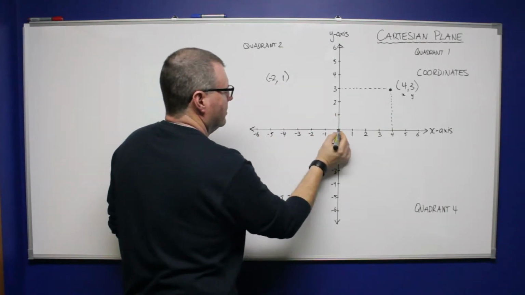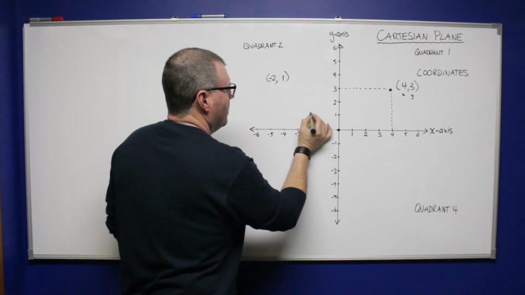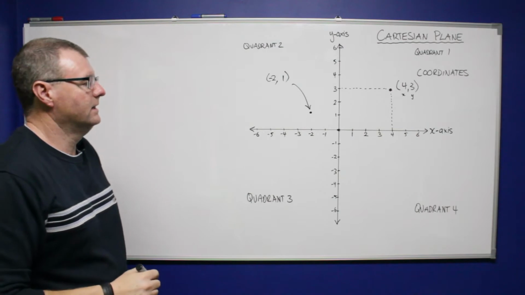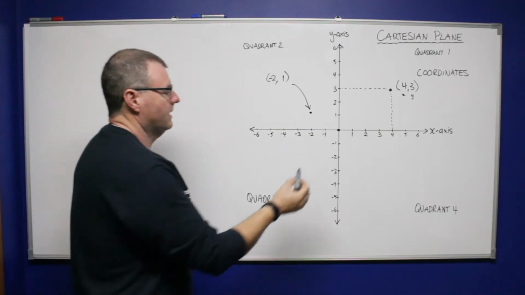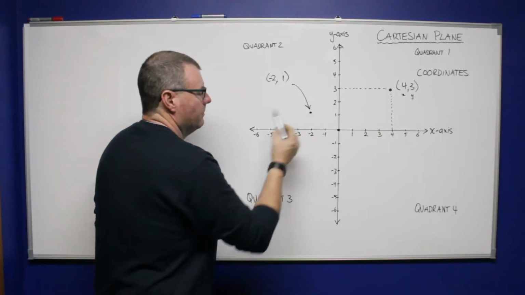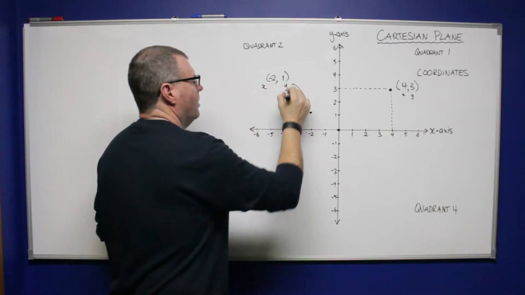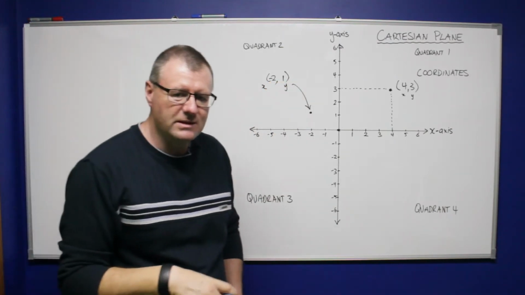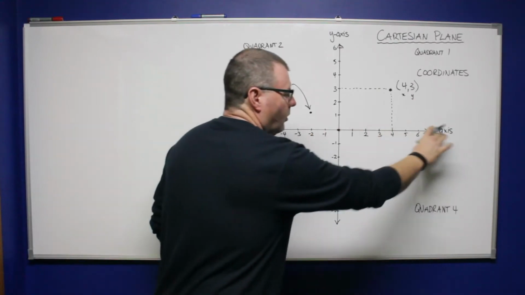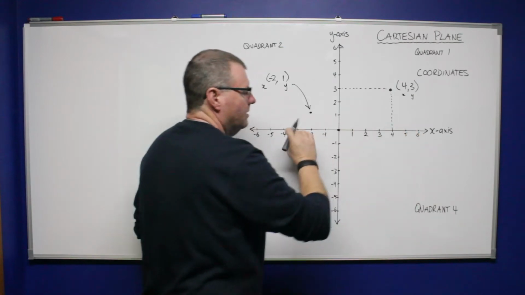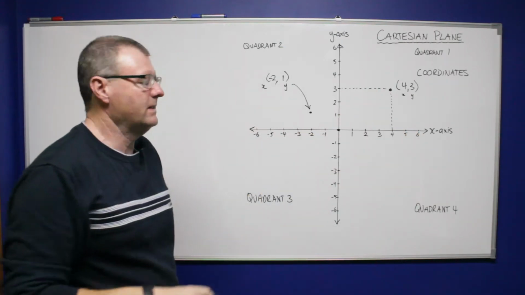So I go across to -2, up 1, and that there is the coordinate (-2, 1). This is my x value, and this is my y value. A nice way to remember this is you go across the hall before you go up or down the stairs. So you always do it in that order.